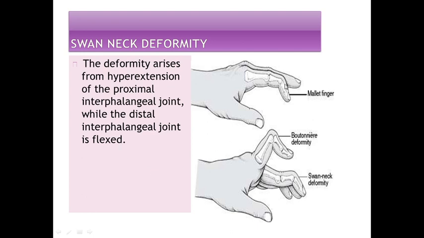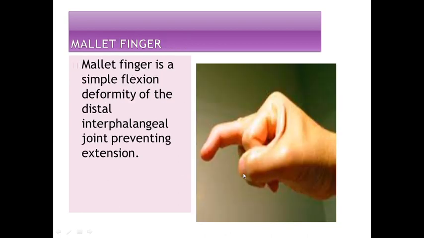For example, mallet finger, boutonniere deformities, and swan neck deformities. All these deformities are characteristic of rheumatoid arthritis.